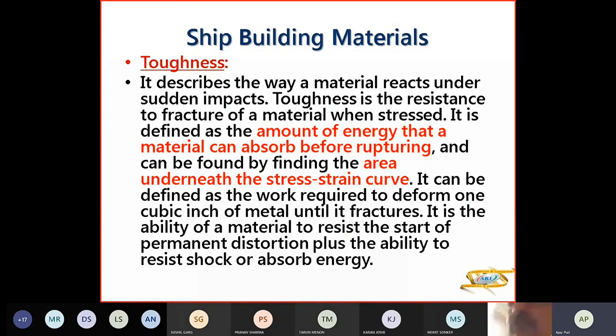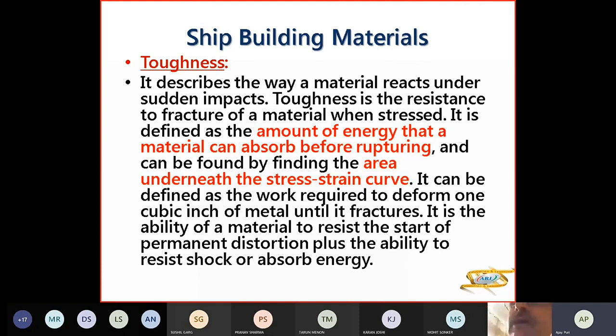Now we come to the definition of toughness. Toughness is basically how the metal will react to sudden force, sudden impact. You're hitting with a hammer, that is sudden impact. How does the material react under sudden impact? It's the resistance to fracture of a metal or material when stressed.